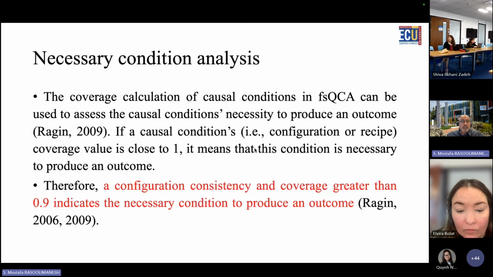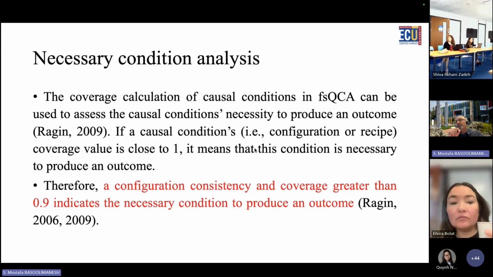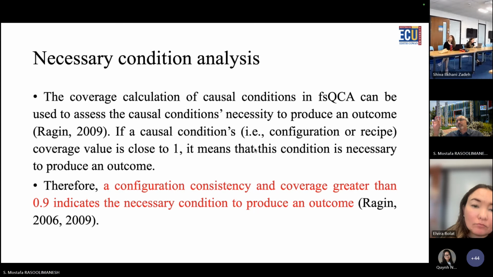I'm not sure it's good to say this one, but necessary condition analysis is a bivariate analysis. We can only identify the necessity of one condition or factor that can be necessary to create the outcome, but not for a configuration.